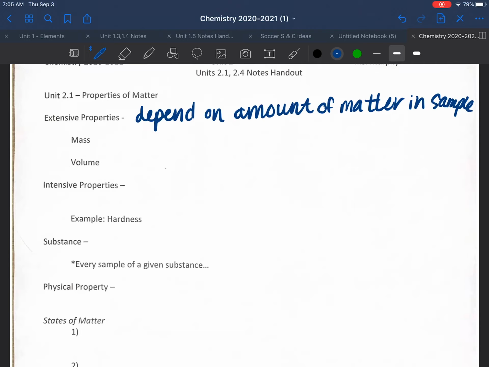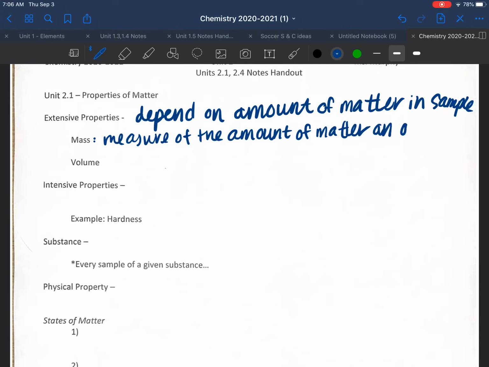So things that are extensive properties that we have probably heard before is mass, which is the measure of the amount of matter an object contains.